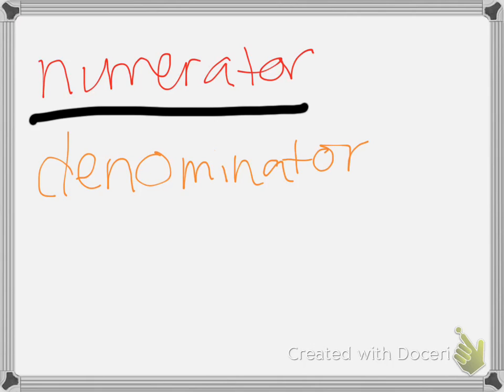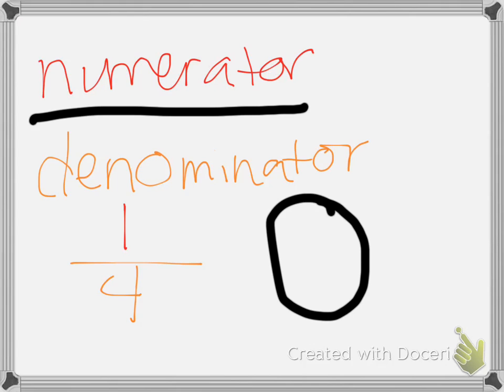So let's say my denominator was 4 and my numerator was 1. If I drew a circle, there's my 4 pieces. I have 1 colored in. Numerator and denominator.